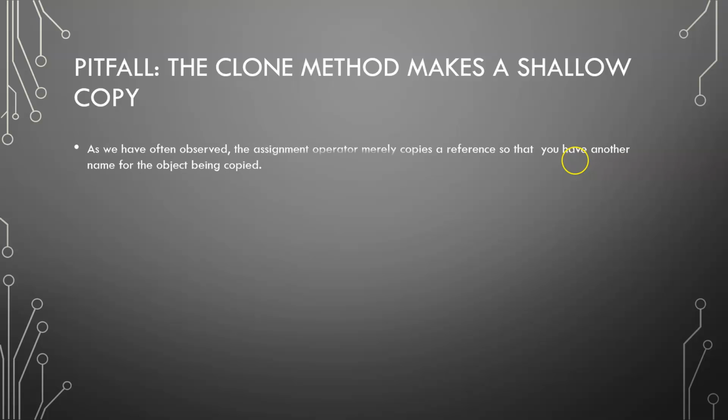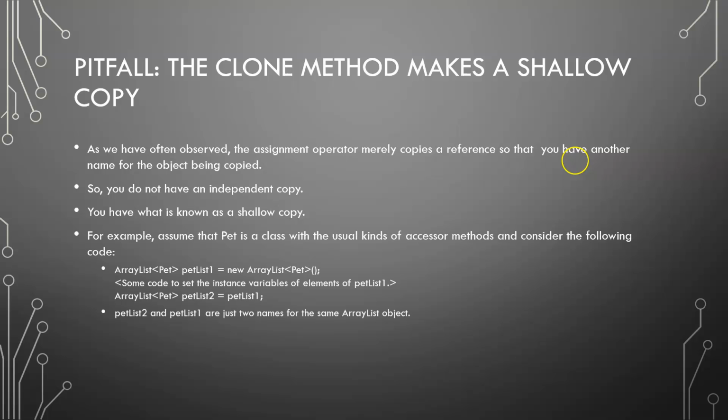All right, so as we've often observed, the assignment operator merely copies a reference, so you have another name for the object being copied. So you do not actually have an independent copy. You have what's known as a shallow copy rather than a deep copy. For example, assume that Pet is a class with the usual kinds of accessor methods and consider the following code.